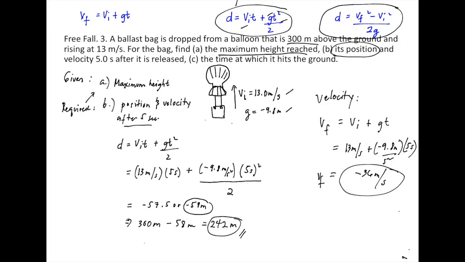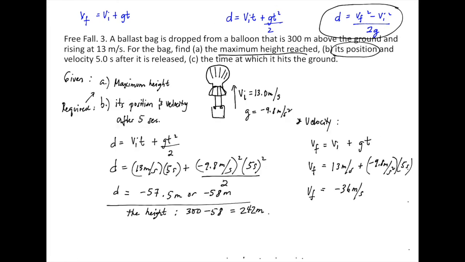This negative 36 meter per second denotes that it is 36 meter per second downward.